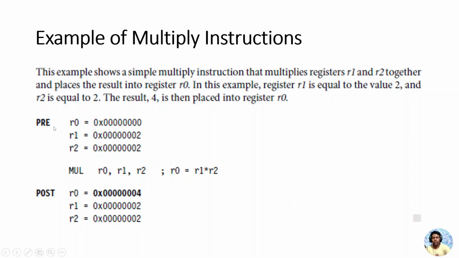In the pre, R0 holds 0, R1 holds 2, R2 holds 2. MUL R0, R1, R2: R0 is the destination, R1 and R2 are the sources. R0 equals R1 times R2. In the post, after execution, R0 holds 4, R1 holds 2, R2 holds 2.